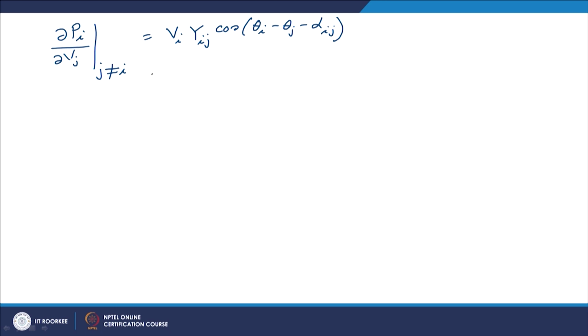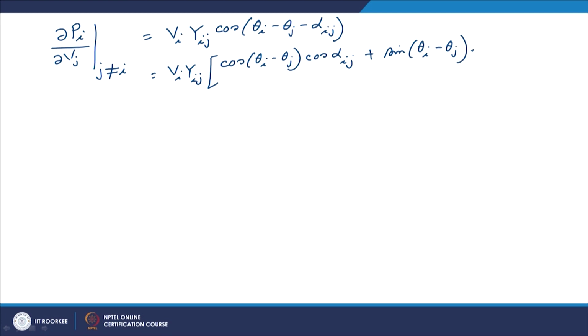Now, Vi Yij cos of theta i minus theta j minus alpha ij, using cos A minus B equals cos A cos B plus sin A sin B, becomes cos of theta i minus theta j cos alpha ij plus sin of theta i minus theta j sin alpha ij.